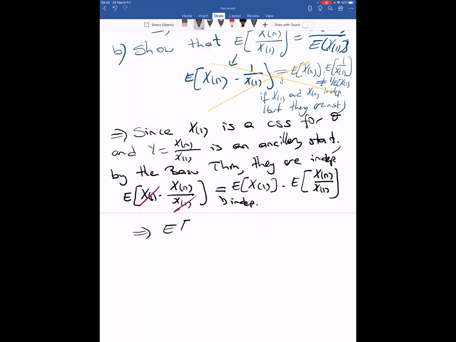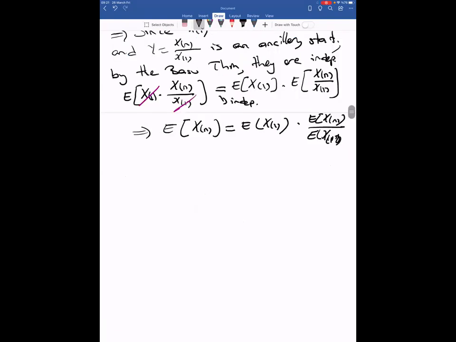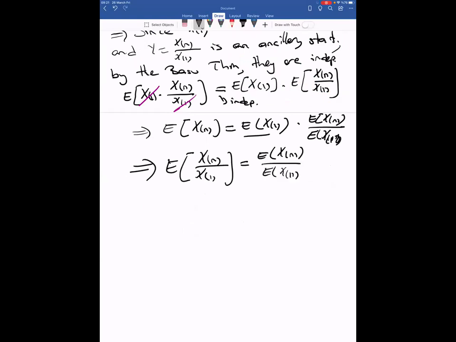So expected xn equals expected x1 times expected xn over expected x1. Dividing by expected x1, this is the solution. Basically we showed this.